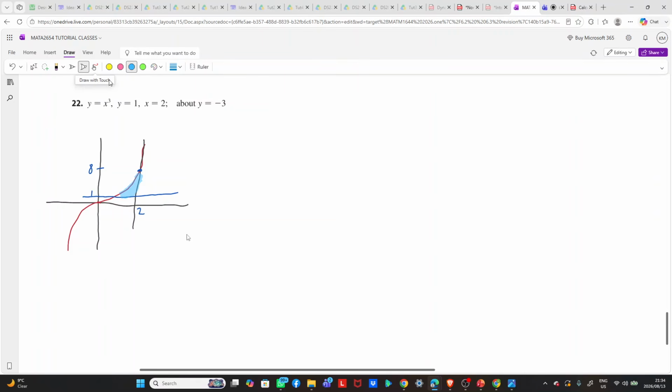Then of course we need to revolve that about the line y equals to minus 3. So say minus 3 is somewhere here. I can put it right there. This is where we need to revolve now.